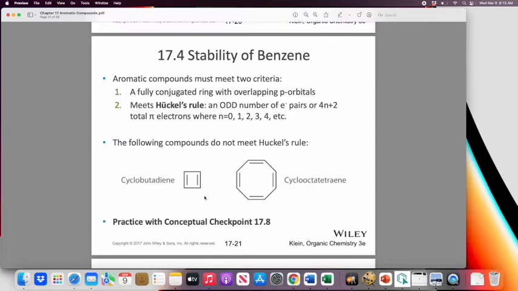This is indeed a fully conjugated ring. But if we count the number of electron pairs, it has 1, 2. So it has an even number of electron pairs in that ring. So this one violates rule 2. Satisfies rule 1, but violates rule 2. And we call this anti-aromatic.